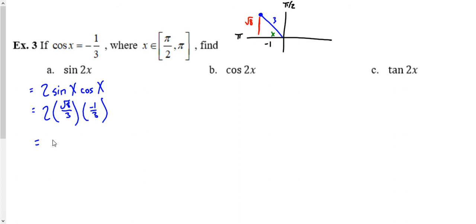Here you'd have negative 2 root 8 all divided by 9. But you don't want to leave this 8 here by itself. You can simplify that. This is the same thing as negative 2 square root of 4 times 2 under the radical now, because that's what 8 was, all divided by 9.